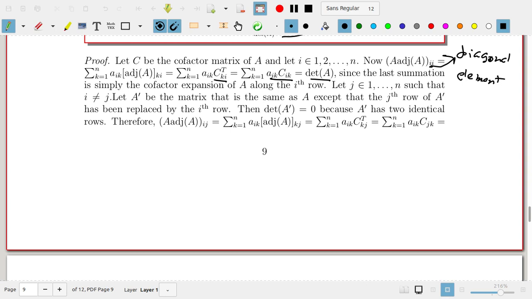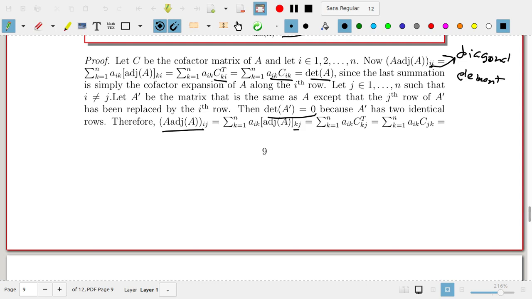Now let j be between 1 and n such that i is not equal to j, and let A prime be the matrix that is the same as A, except the jth row of A prime has been replaced by the ith row. Then of course, because the ith and the jth row are the same, det A prime equals 0. And therefore, A times the adjugate of A, the ij element of that, equals the sum of A_ik times adjugate of A_kj, which is equal to A_ik times C^T_kj.